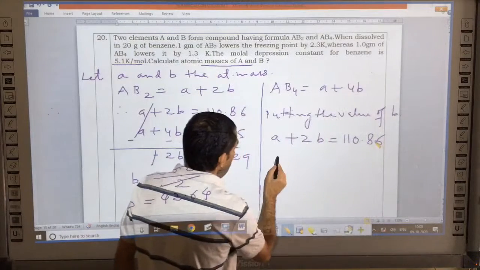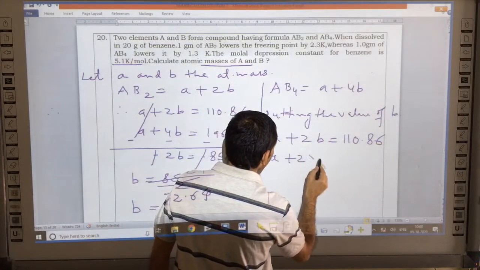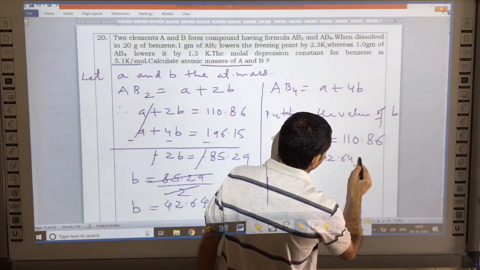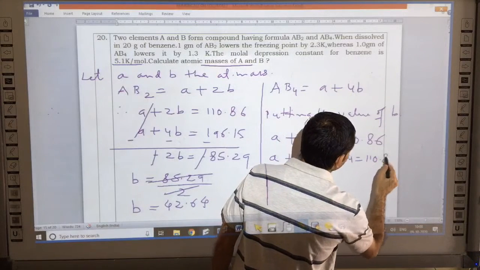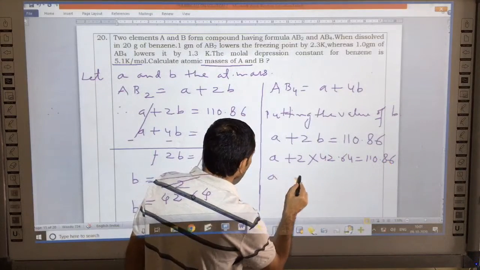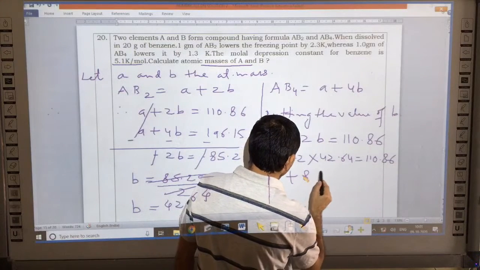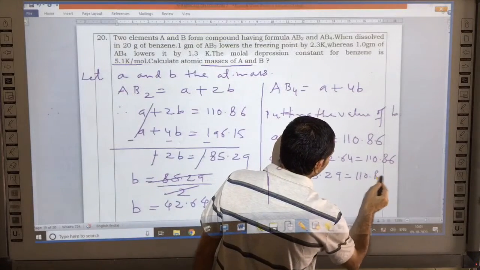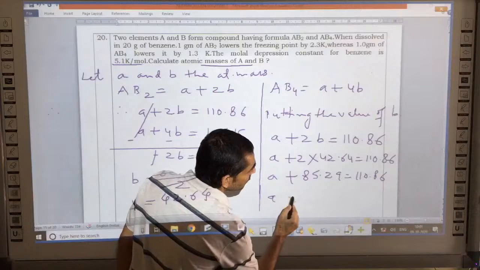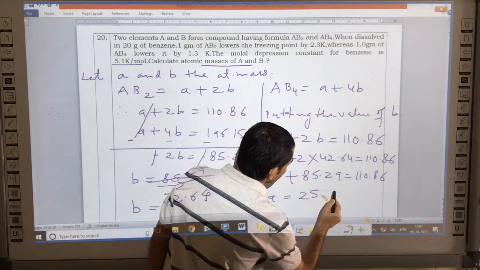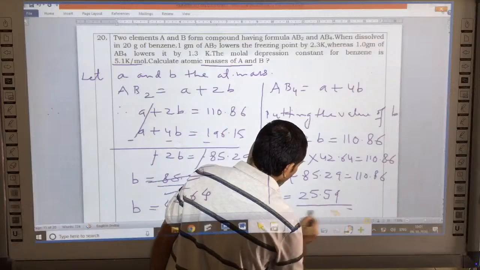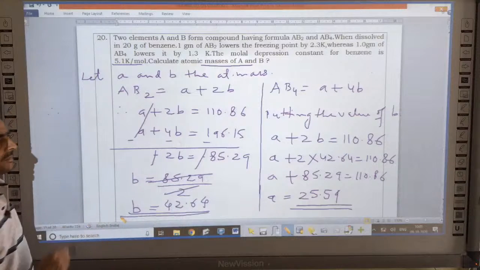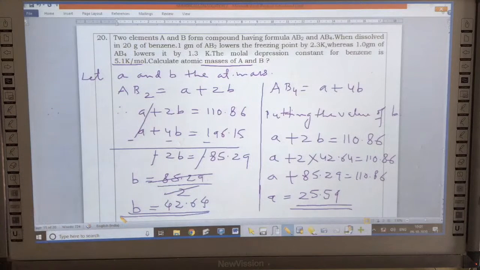We have to calculate A. So A plus 2 into 42.64 is equal to 110.86, or we will get A plus 85.29 is equal to 110.86. So A will be equal to 25.59. Now you can see I have calculated both atomic mass of A as well as atomic mass of B. This is how this numerical is solved.